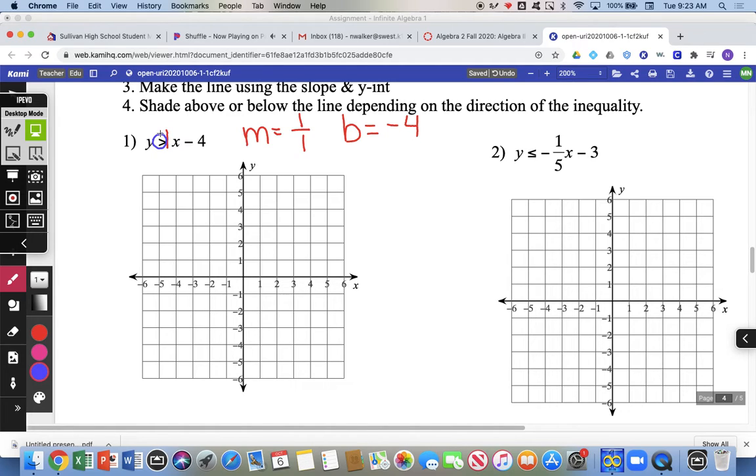Does it have the or equal to symbol? Nope. If it has the line underneath it, it'll be a solid line. So on this one, this will be a dashed line. Now, do you think greater than means shade above or shade below? If I have a line, which our line is going to look like this, we're going to shade above.